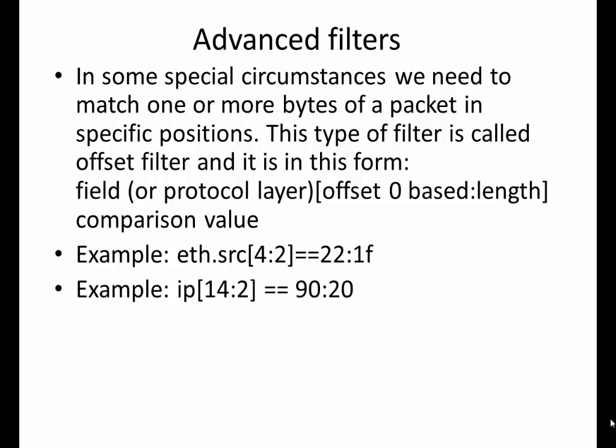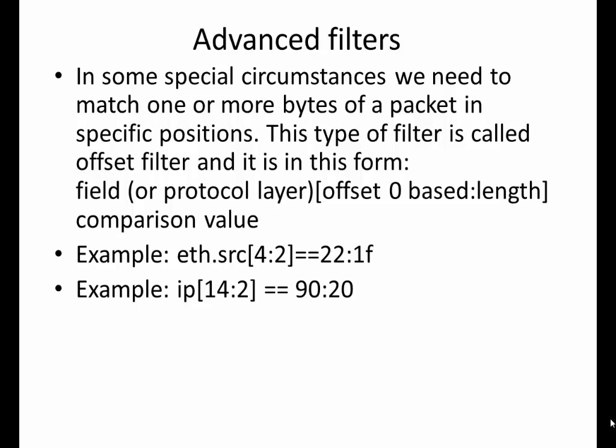Or this is another example, the IP protocol, between the offset 14 we take 2 bytes, which need to be equal to 9020. So the first one, the Ethernet protocol, the source field of the Ethernet protocol, the offset from 0, so the fifth byte, we take 2 bytes and they need to be equal to 221F.